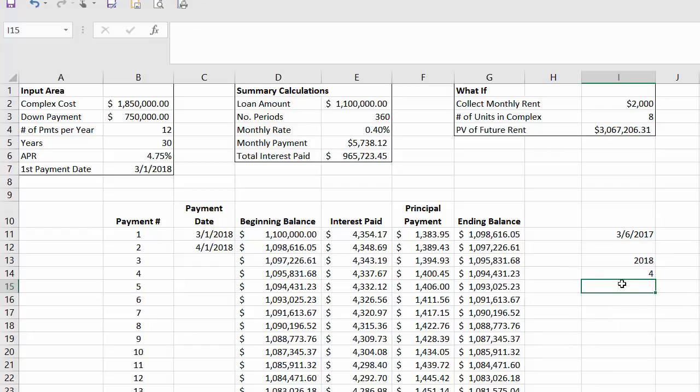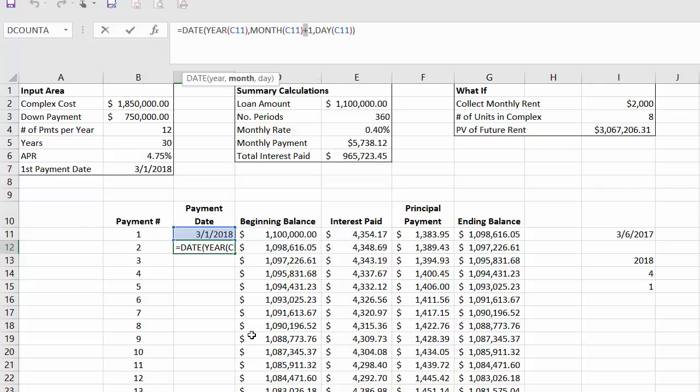And then the day, we'll say equals day of this date, and that gives us a 1. So if we combine all those and nest that inside the date function, we get the next month regardless of how many days were in the previous month. So here's where that +1 takes place.